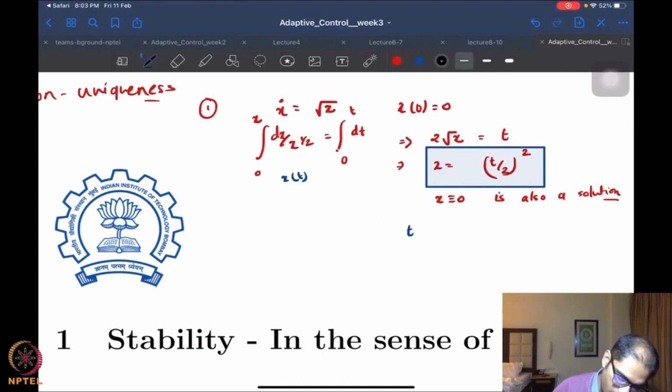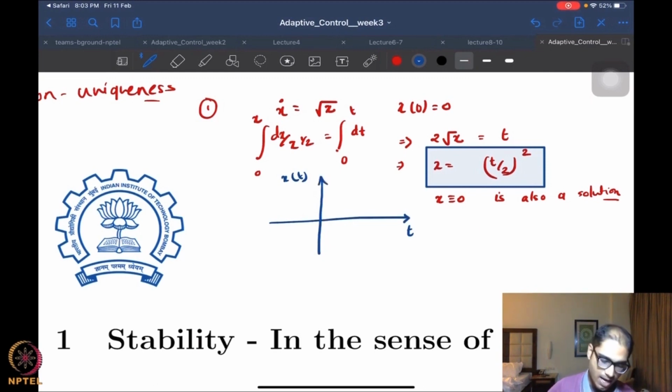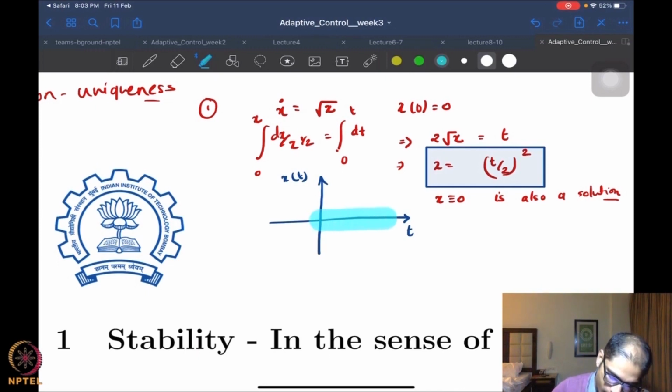Let me do it in a better way so that we can actually see things. On the x-axis is time, and on the y-axis I have x of t. Then there are two possible solutions. One is the x equal to 0 solution, and the other is t squared by 4, which is like a parabola.